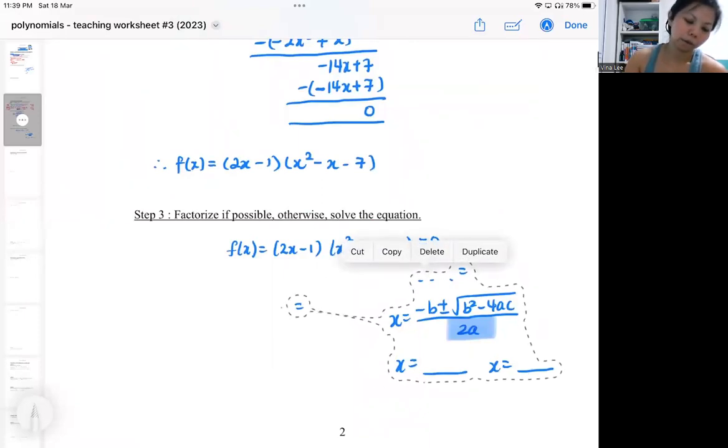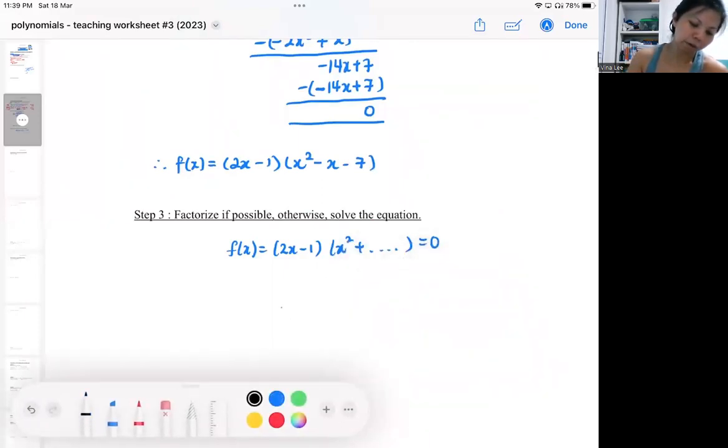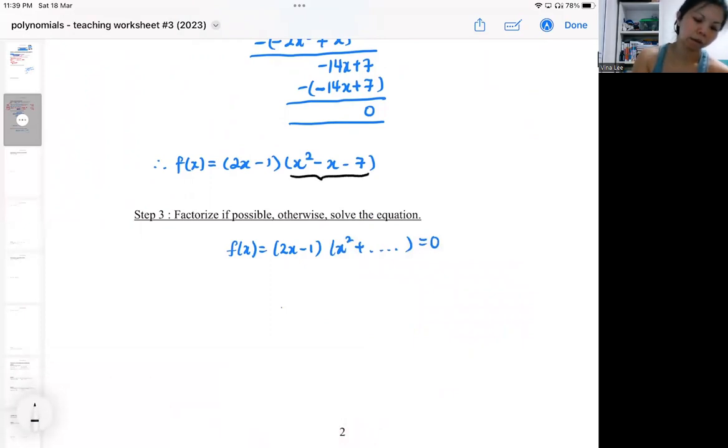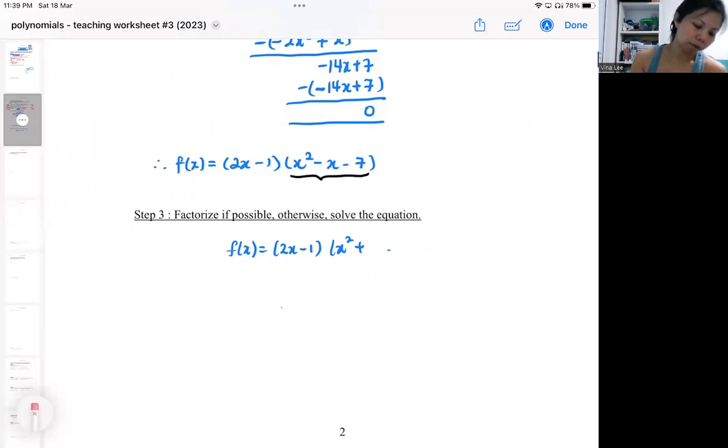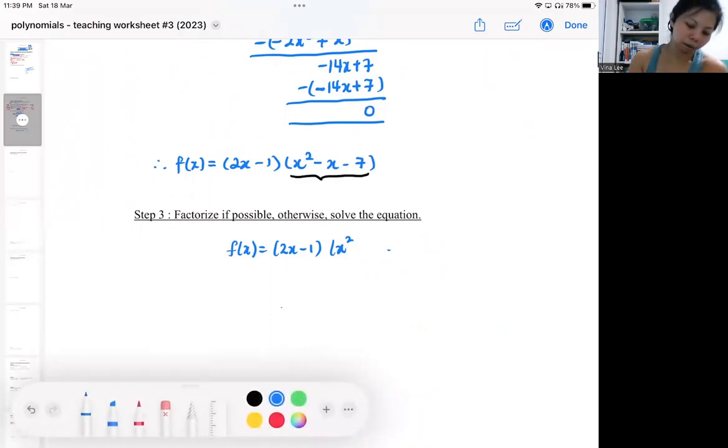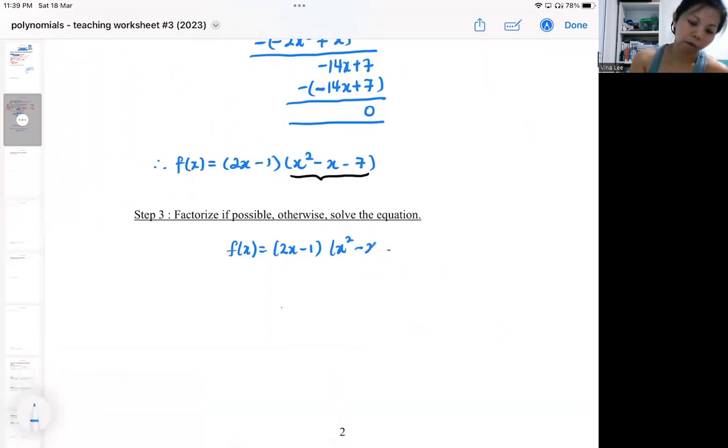Maybe you will want to try factorizing the quotient, but if you can't factorize it, not to worry, because we are going for the solving. As long as you've got two brackets, you can go ahead with the solving. You will get the first bracket equal to 0, and the second bracket equal to 0.